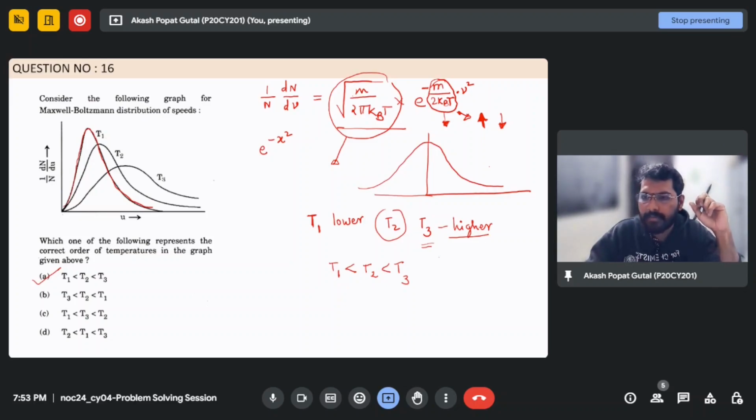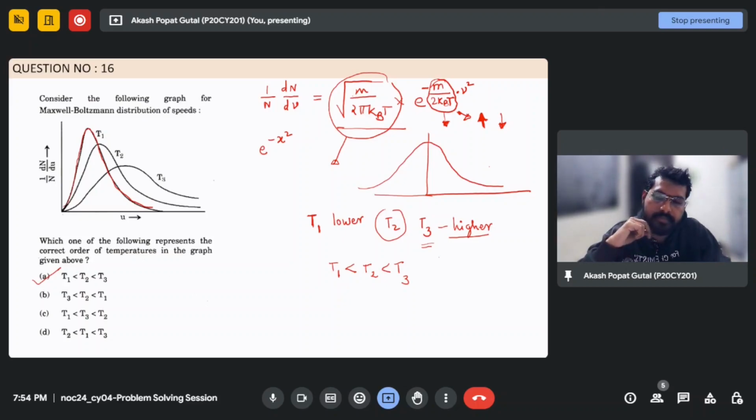Yes. When the graph is at the top, at the highest point, there the number of particles is least. At the second peak, the number of particles is the second least, and at the third peak, the number of particles is last. So they are moving at almost the same velocity, but the number of particles is going on decreasing.